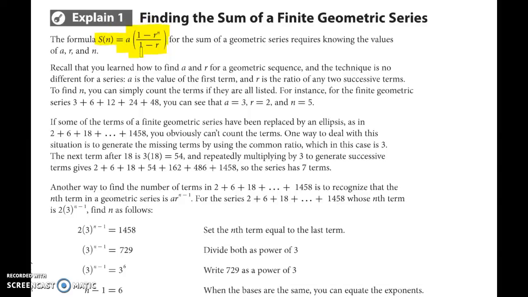This formula for the sum of a geometric series requires knowing the values of a, r, and n. And I just want to point out that this is for finite, not infinite, but finite. So countably many. So 5 terms, 12 terms, 8 terms, 100 terms even. That is a finite number.